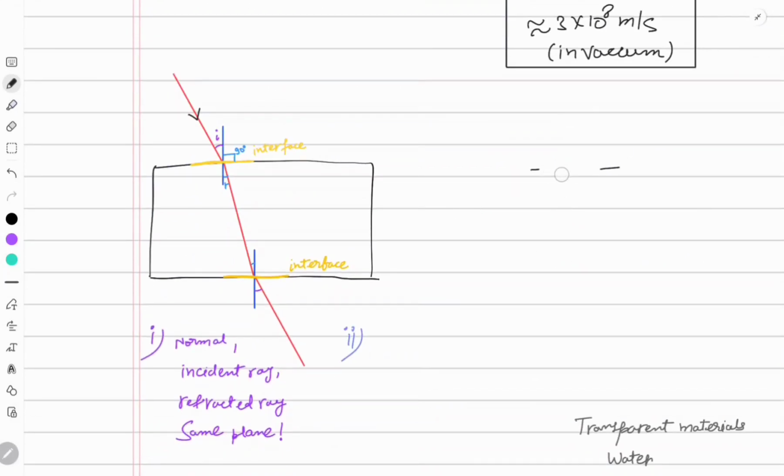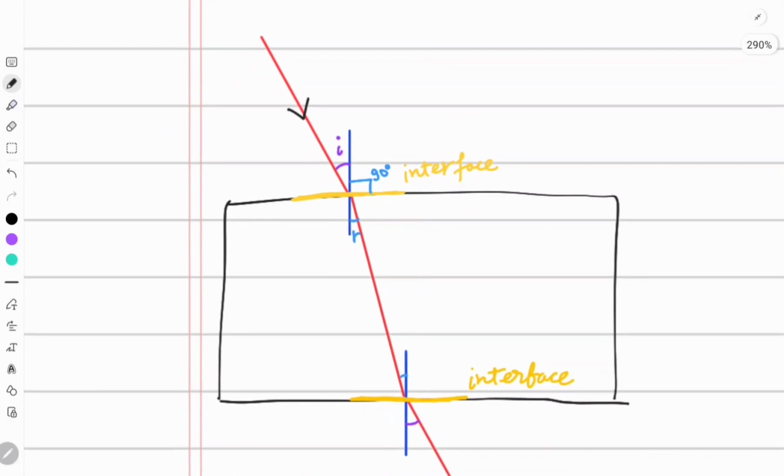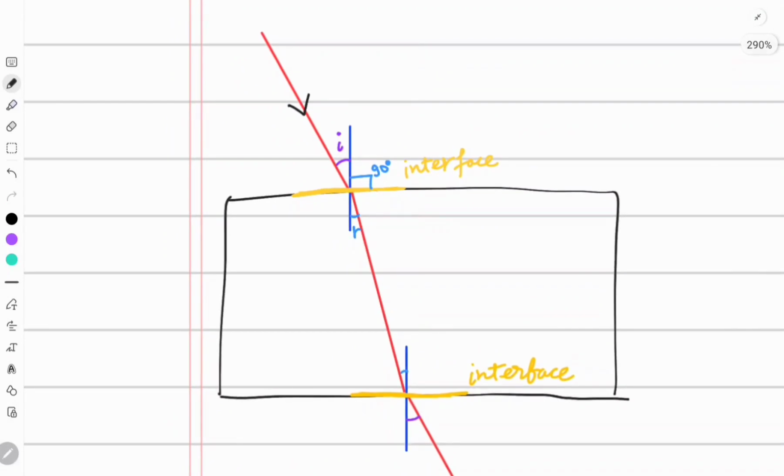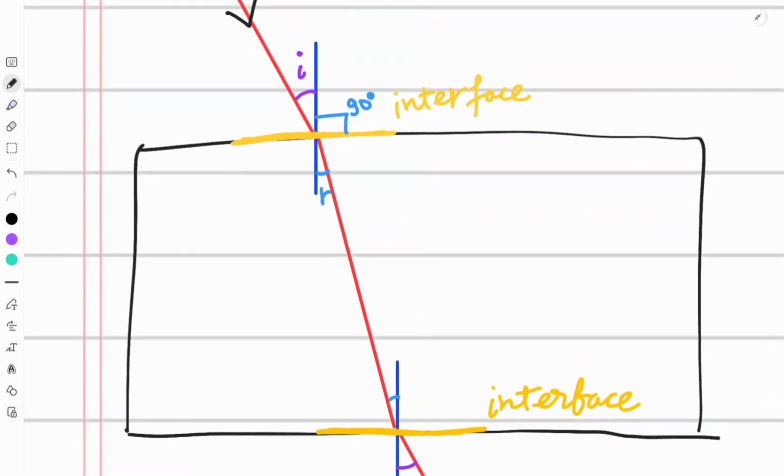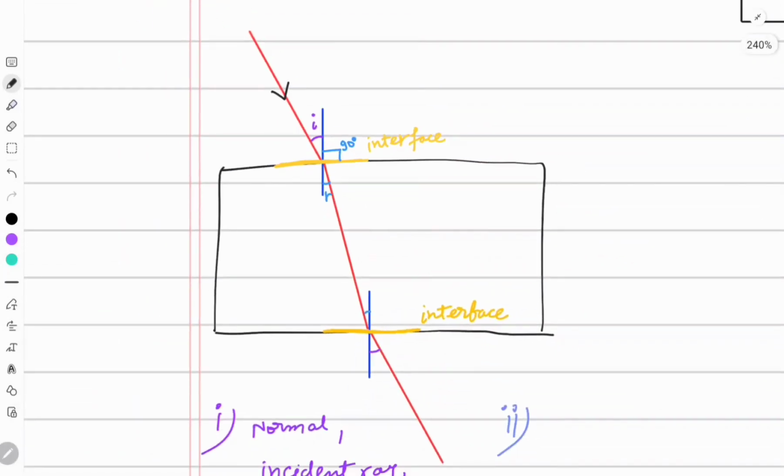To measure how much a light ray is bending, we can just measure this angle. But the thing is that this angle is dependent on the pair of media that we have taken.